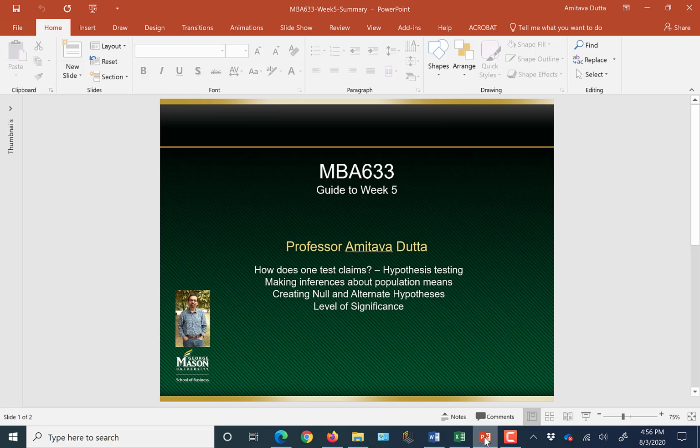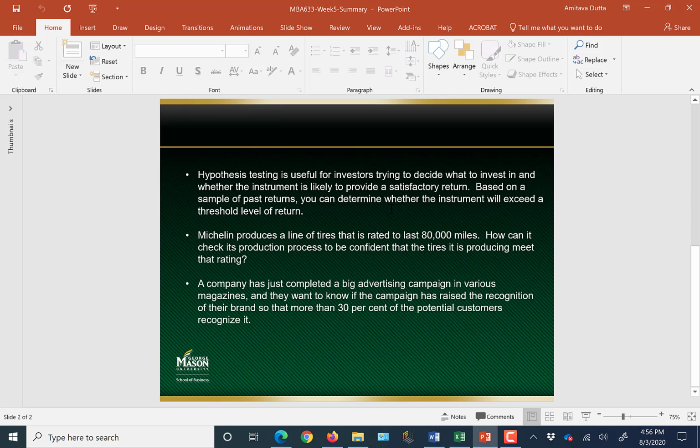So let's look at some examples of hypothesis testing situations drawn from business settings. The first example that I've shown here is an investor trying to decide whether to invest in a particular financial instrument. Now, if you want to check up on the returns and the riskiness of this instrument, theoretically you need the entire performance history of that particular instrument, but you can't do that.